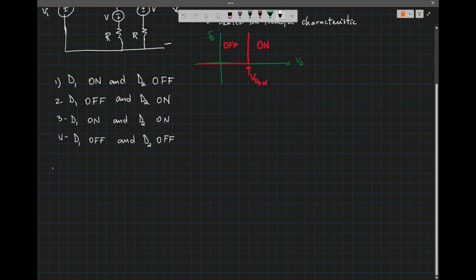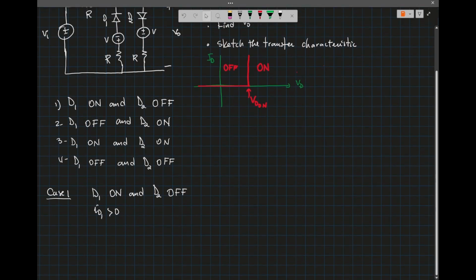So case 1, D1 on and D2 off. In that case, ID1 must be positive for this diode to be on. So under what condition is this true? I'm going to redraw the network here.